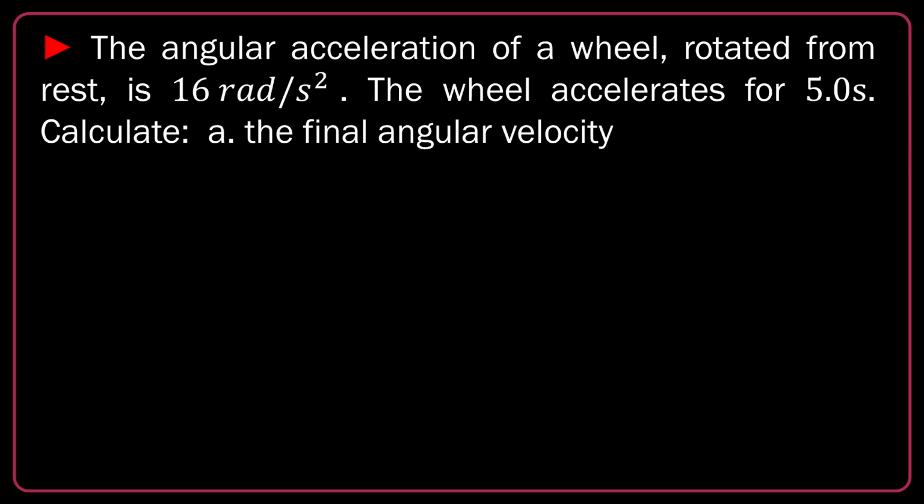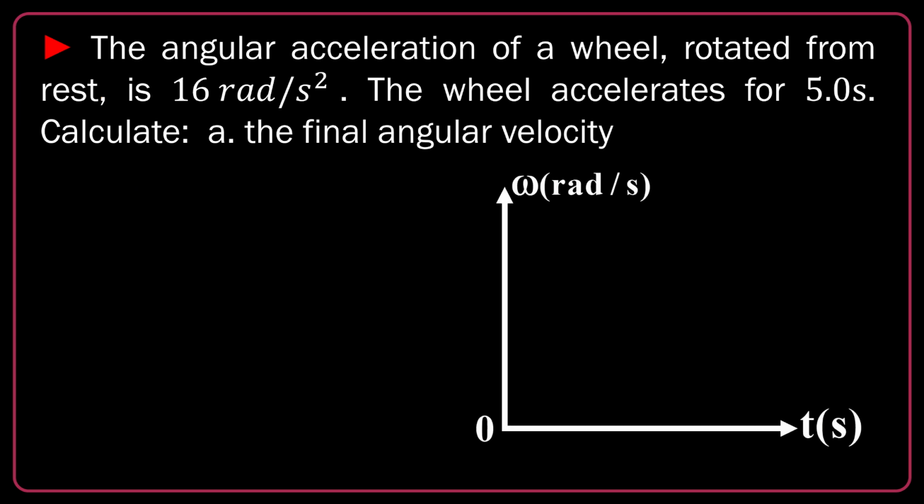Next question. The angular acceleration of a wheel rotated from rest, which means omega initial is 0, is 16 radian per second squared. The wheel accelerates for 5 seconds. Calculate part A, the final angular velocity. Instead of using equations, I directly use the omega-t graph.